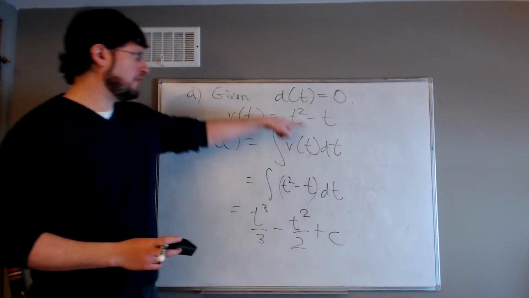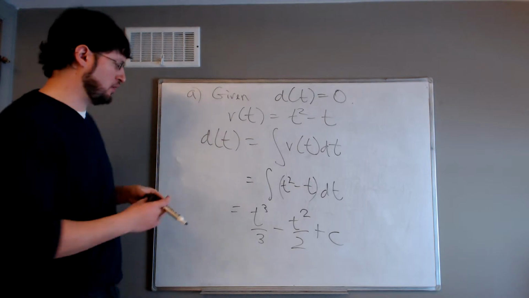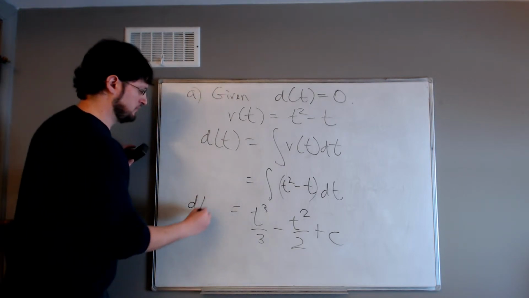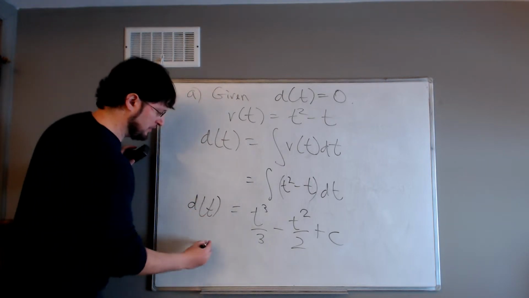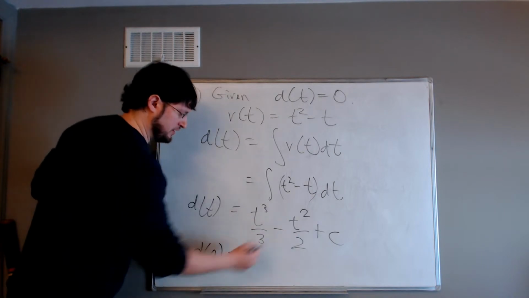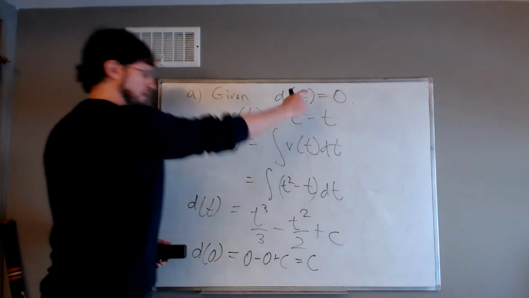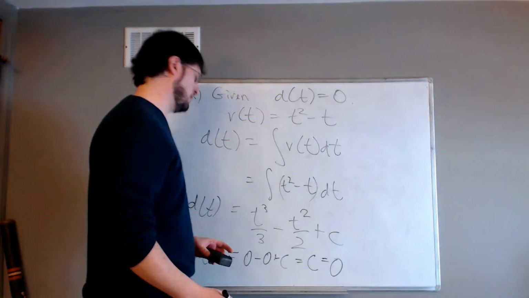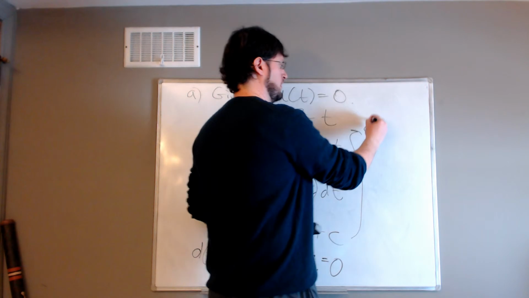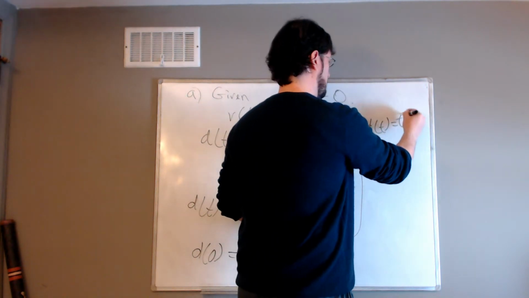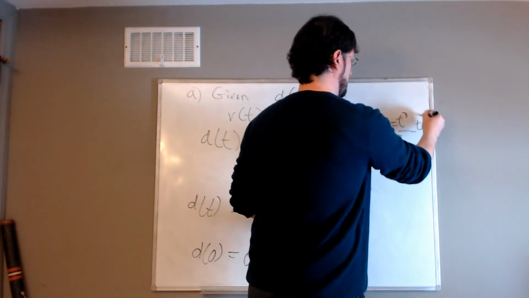Well, we're given that the displacement at time 0 is 0. So displacement at time 0, according to this, is just 0 minus 0 plus c, which is c. But we're told that that's got to equal 0, so c is 0. And I can say that the displacement at time t is just t cubed over 3 minus t squared over 2.